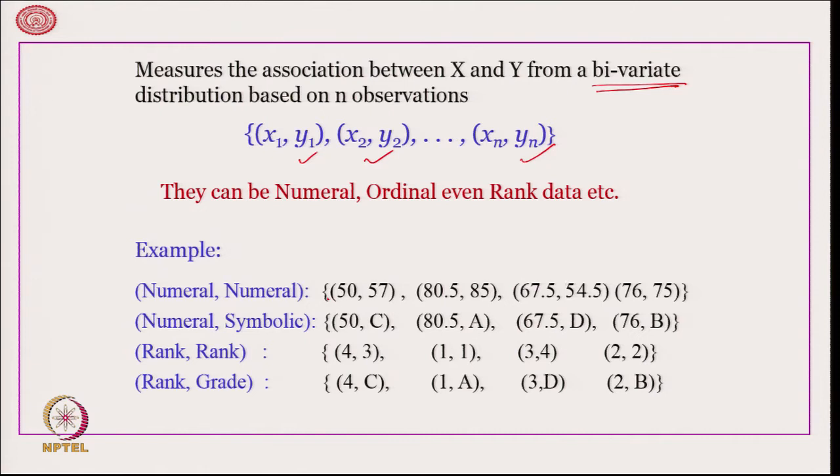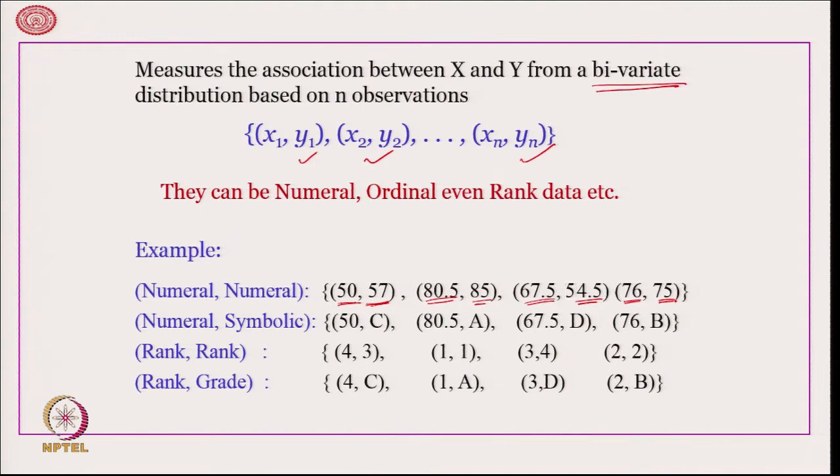Say for example, we are looking at marks of 4 students in 2 subjects. So, one way of looking at them is that both of them are numeral. The first student got 50 in one subject and 57 in the other subject, the second student got 80.5 and 85, similarly 67.5 and 54.5 for the third student, and these two are for the fourth student.